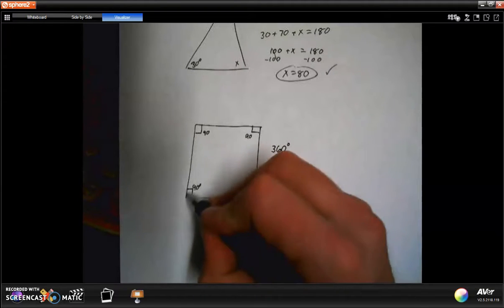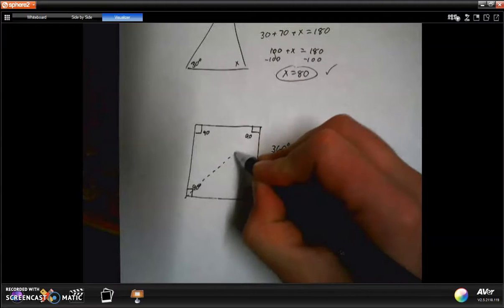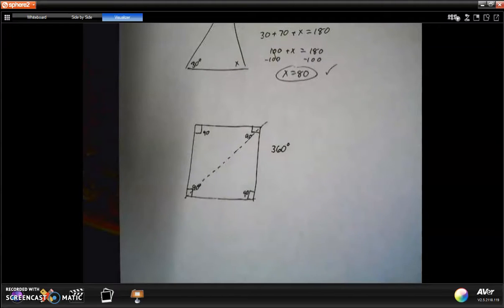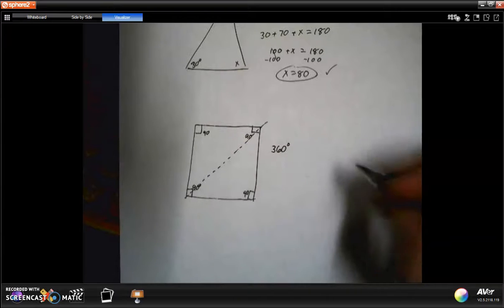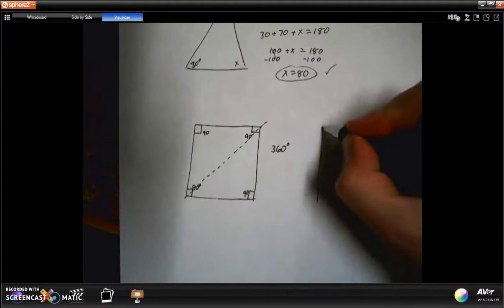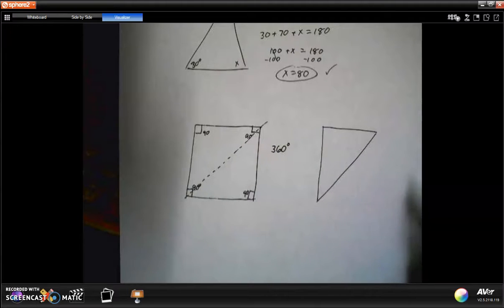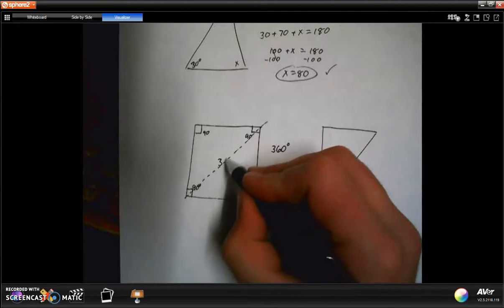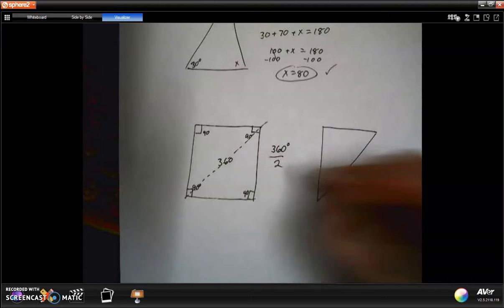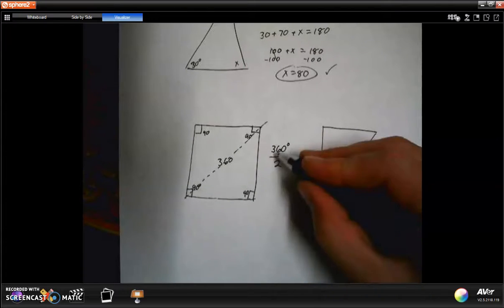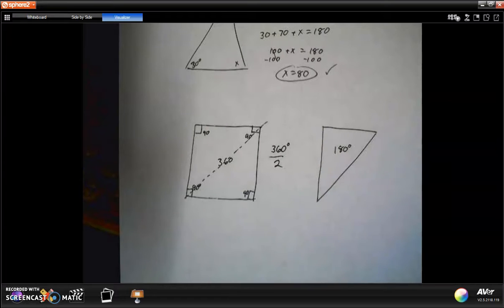If I take a diagonal line and cut this square in half, I have a triangle here and a triangle there. I'll draw the top triangle over here. It used to be 360 degrees for the square, but I cut it in half, so 360 divided by 2 means 180 degrees is left over.